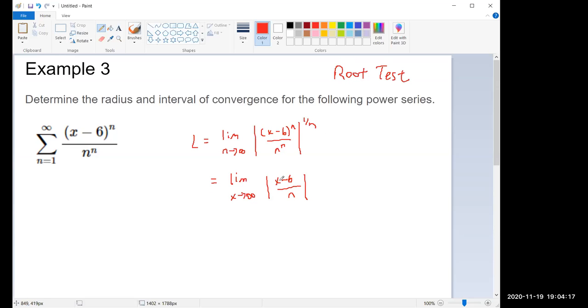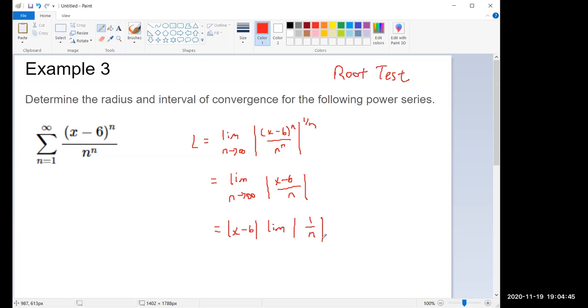Okay, so we can pull the x minus 6 out because it doesn't depend on the limit of n, which I should have written here. So this is the absolute value of x minus 6 times the limit of 1 over n.